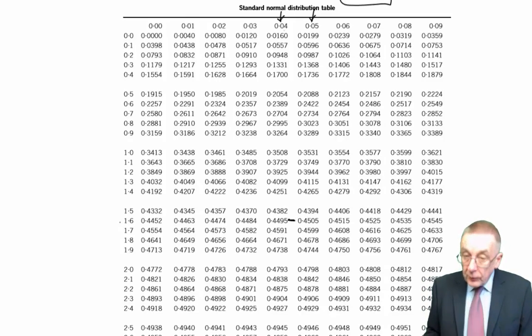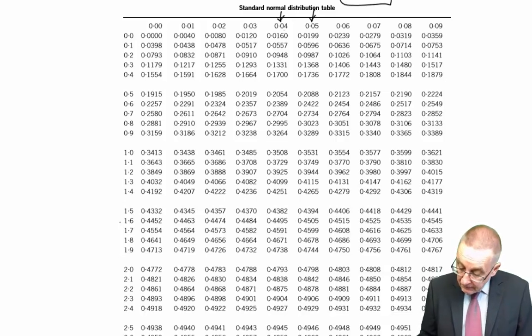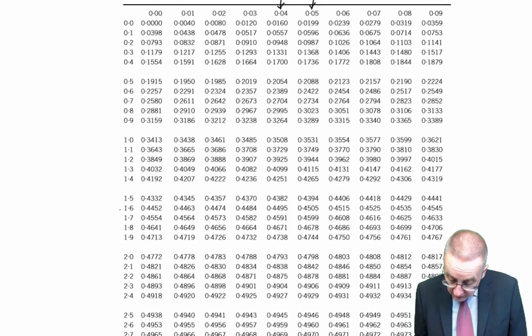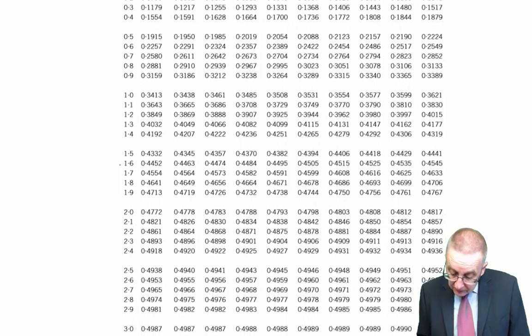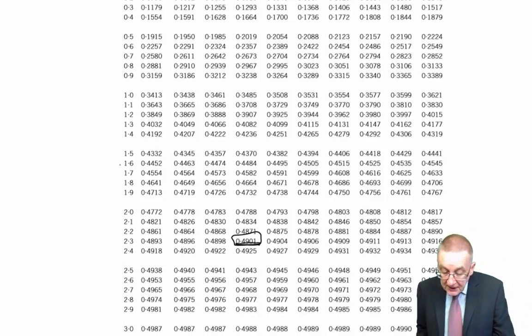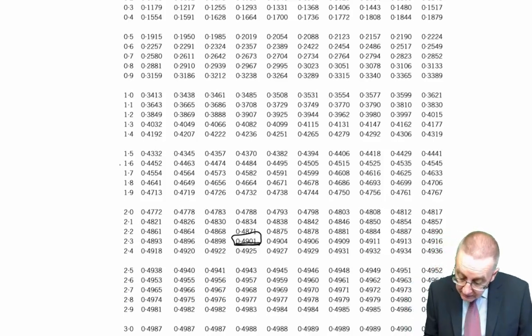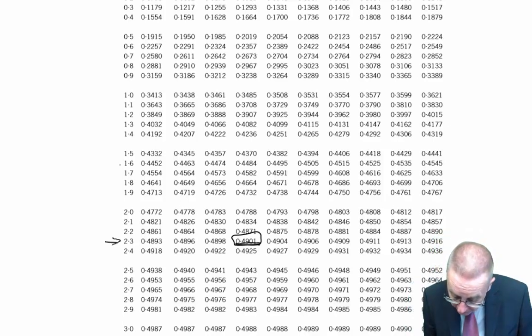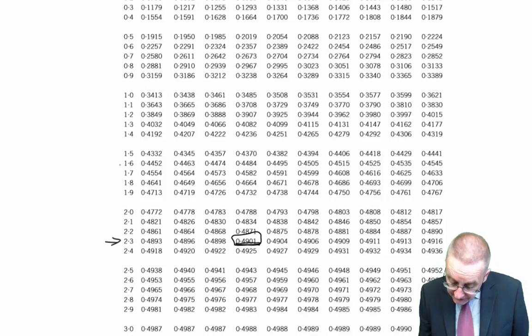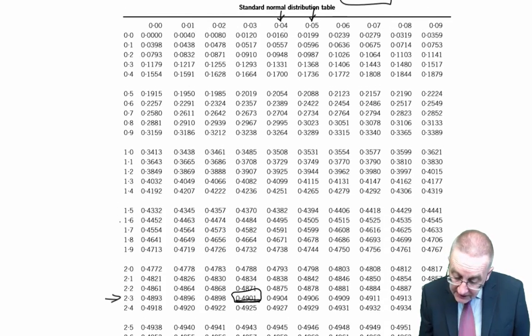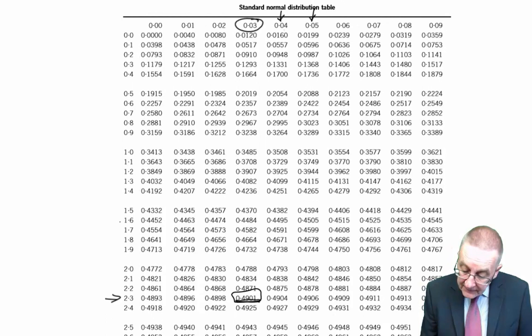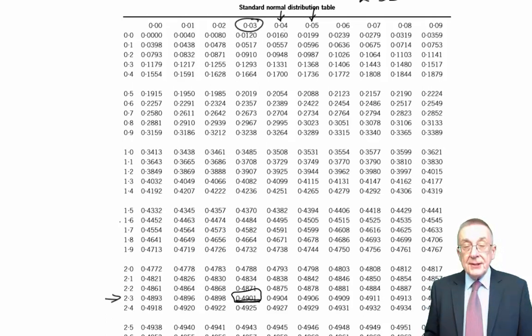To get an answer of 0.49, there we are. It's almost exact. Sorry, I've slightly rubbed it out, but 0.4901 is near enough. And how many deviations is it? 2.3. And for the second decimal place, which column is it? 3. And so it's 2.33 standard deviations.